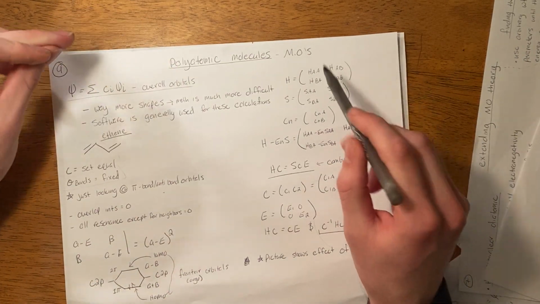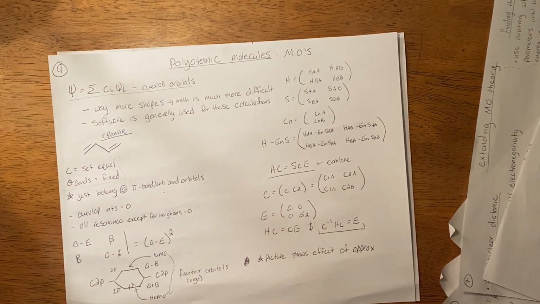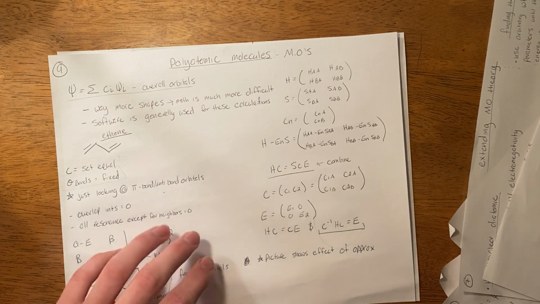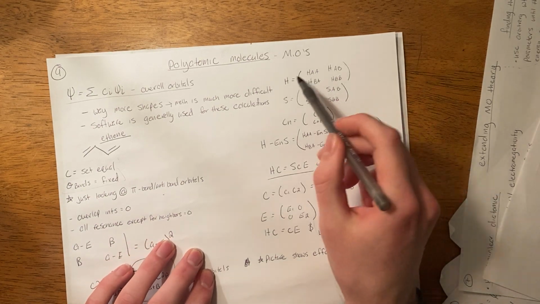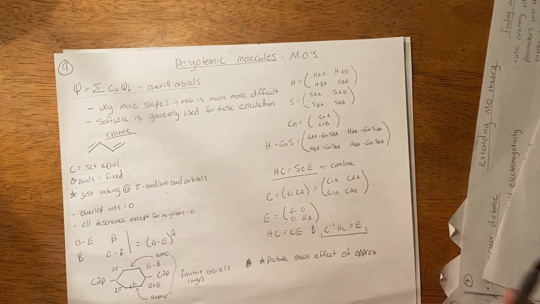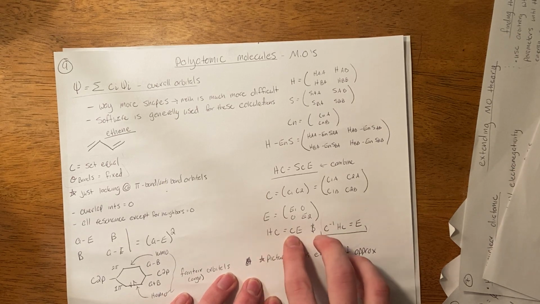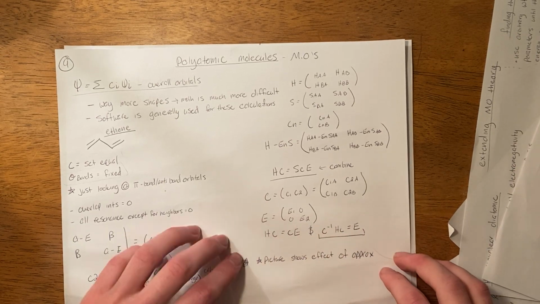Furthermore, we have a lot of determinants to do these calculations, which I don't really see the point of getting into, but we have the Hamiltonian determinant, the overlap determinant, and the coefficient determinant. We combine those to eventually give ourselves a Hamiltonian with a constant so we can get an eigenvalue.